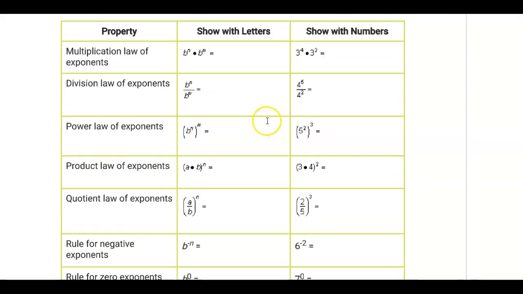Now, exponents have properties, right? And when I look at the properties of exponents, if I have the multiplication rule right away here, if I multiply same bases, notice how I have b and b. I can write it as 1 base of b, and then I can add the exponents.